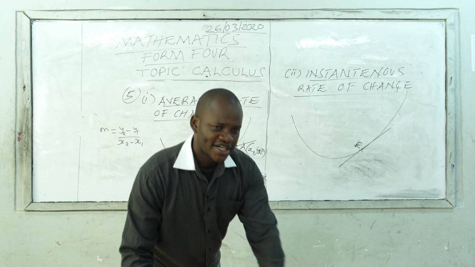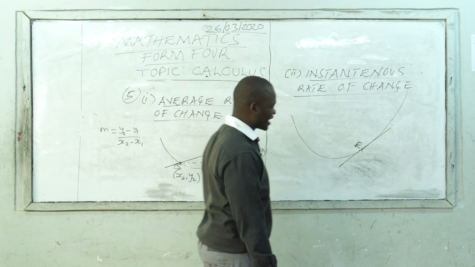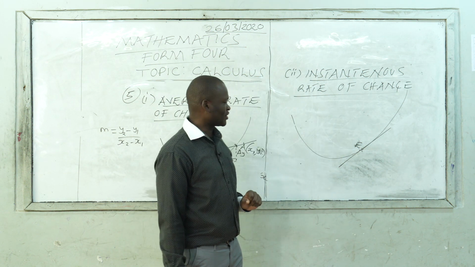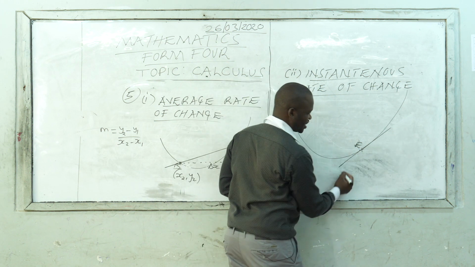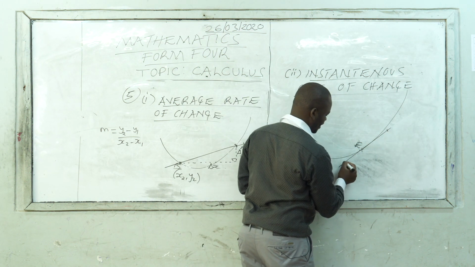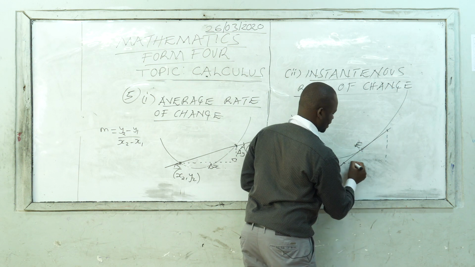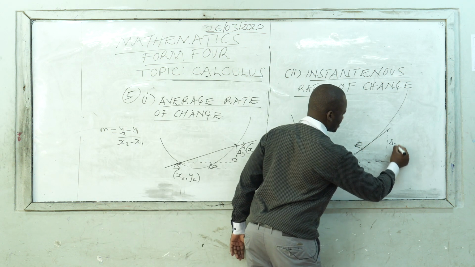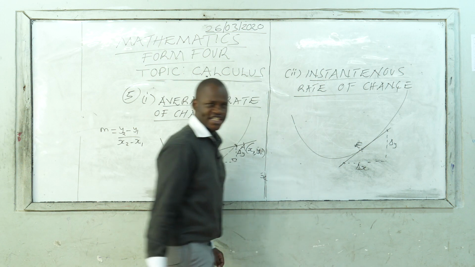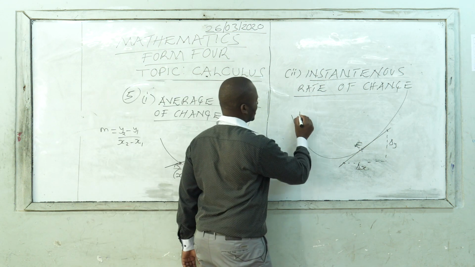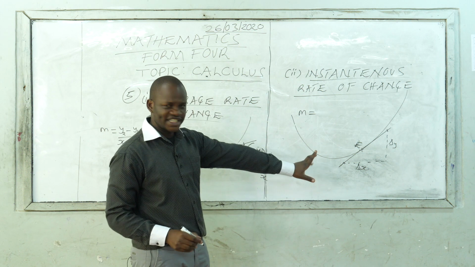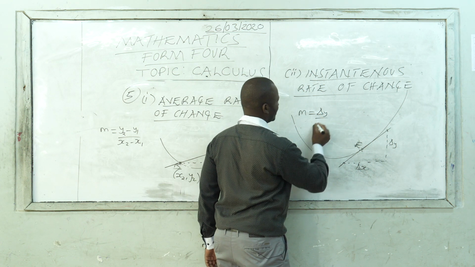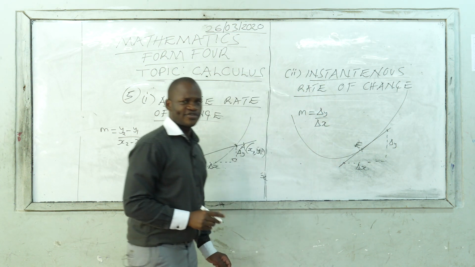A tangent, from your topic Sec1 chords, is simply a straight line touching a curve at a given point. Once you draw the tangent, you pick any 2 points on that tangent and use the 2 points to obtain the gradient. We shall have change in Y and change in X. So the gradient of that line, which is a tangent, will give us the instantaneous rate of change.